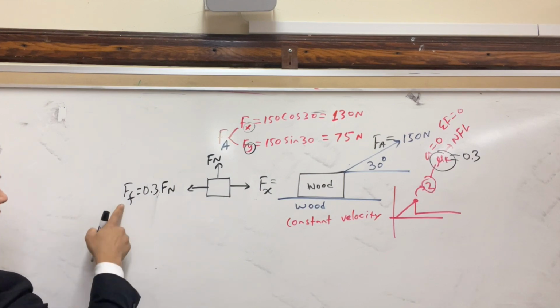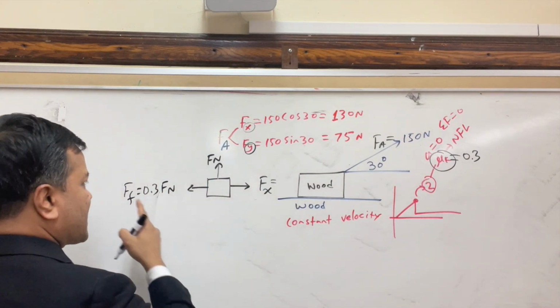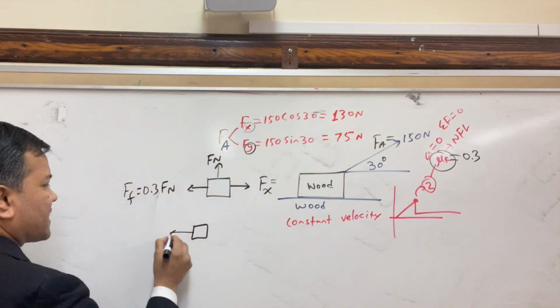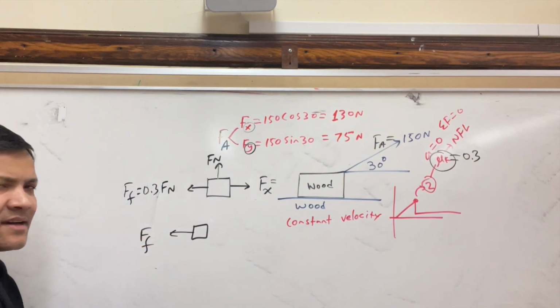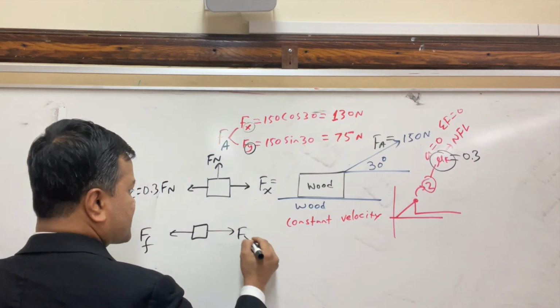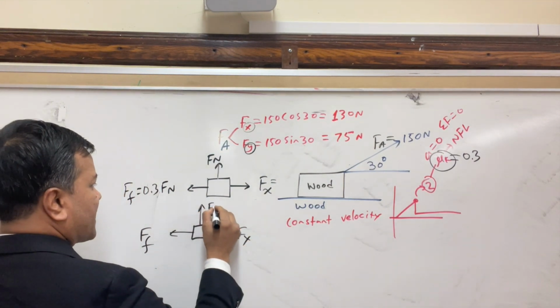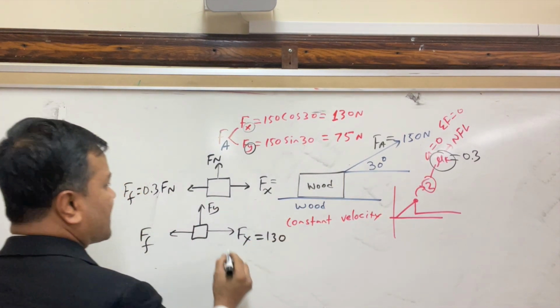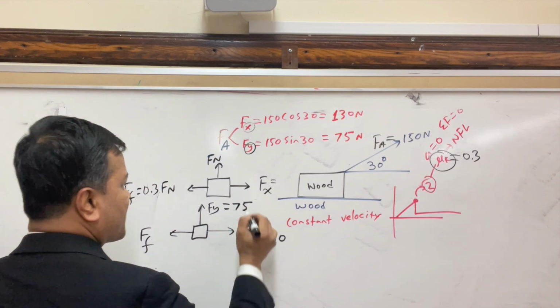0.3 Fn. At the x direction, the friction always works at the x direction and never at the y direction. So this is Fx and this is Fy. Fx is how much? 130. Fy is how much? 75.